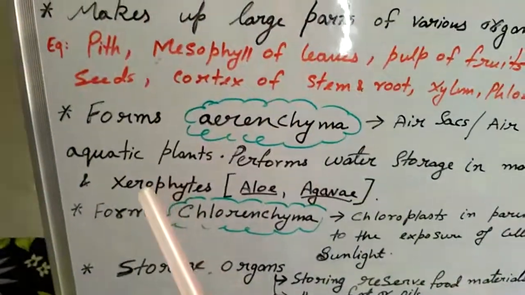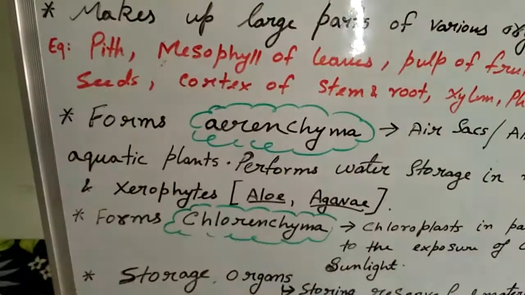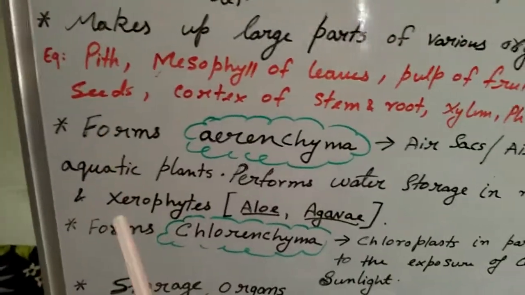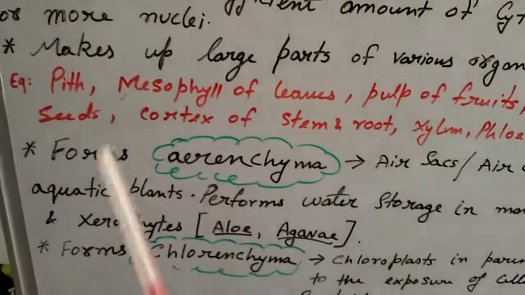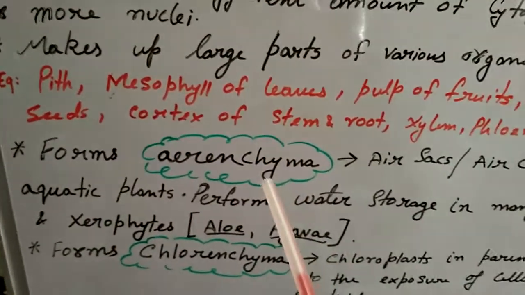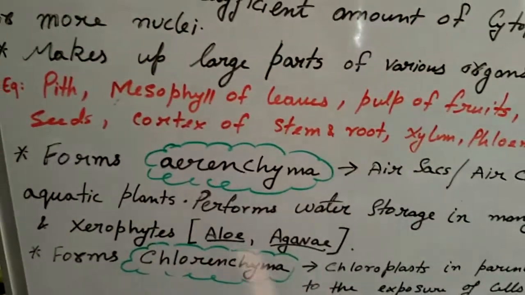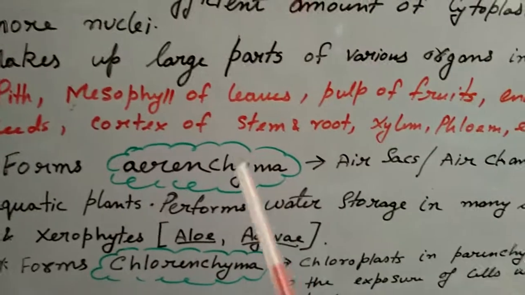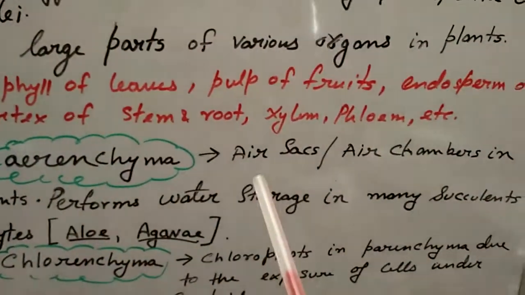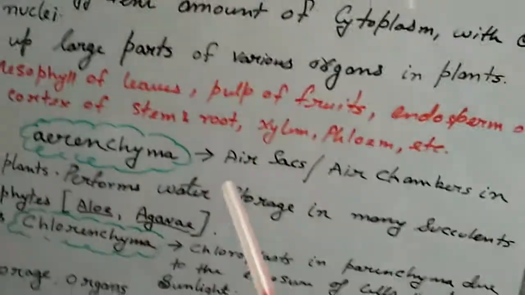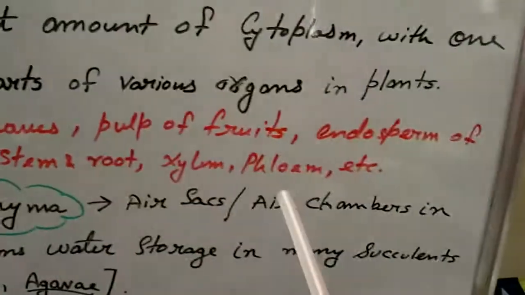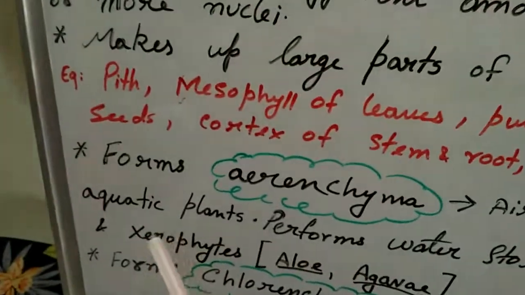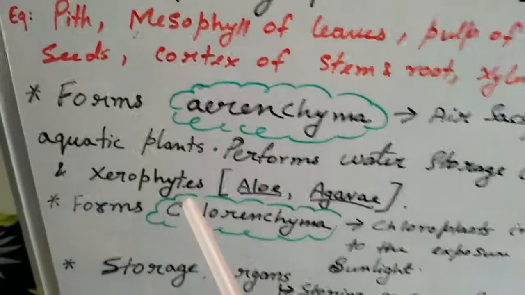The further important points are forms of parenchyma. Parenchyma forms aerenchyma. This is a type of parenchyma tissue, aerenchyma. And what is aerenchyma? Aerenchyma is nothing but air spaces or air chambers present in aquatic plants or hydrophytes.